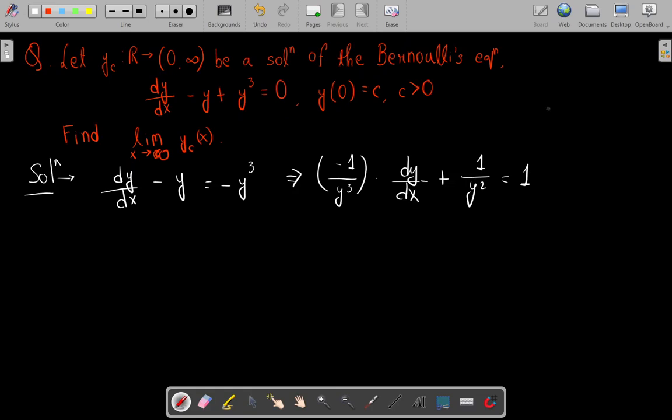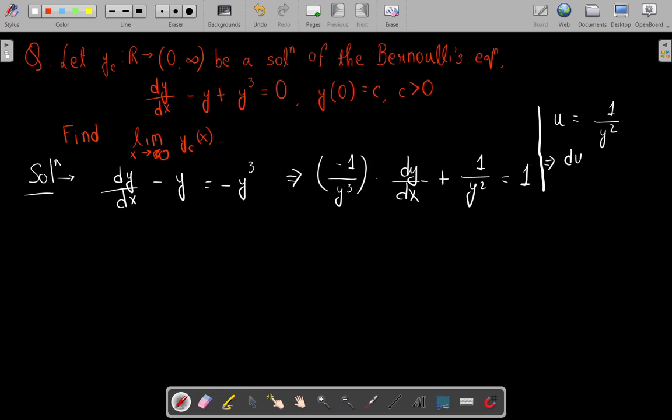Let us try a substitution. Let us write u equal to 1 upon y squared.